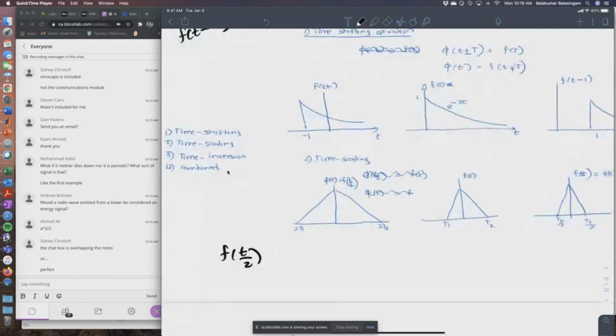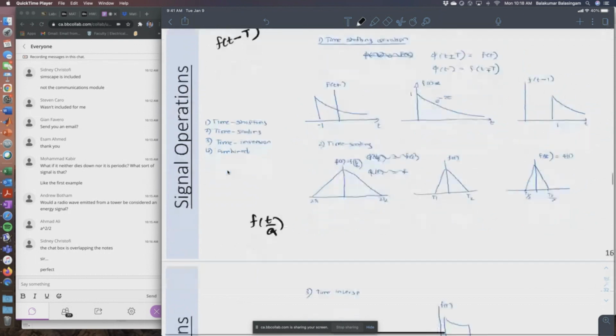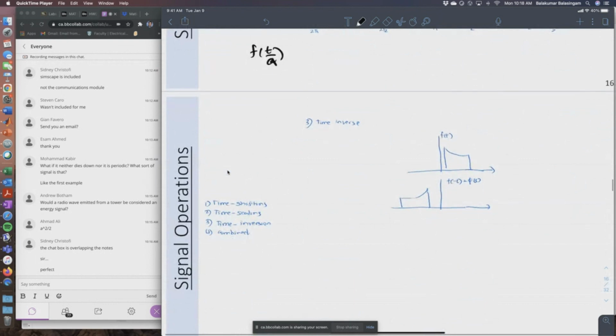If you look at this picture here, f(t by 2) just spreads the signal. So f(t by a), if a is greater than 1, spreads the signal. If a is less than 1, it shrinks it. And time inversion is, if this is f(t), f(minus t) is a mirror. The signal just mirrors on the other side.